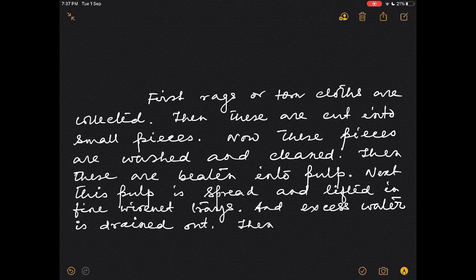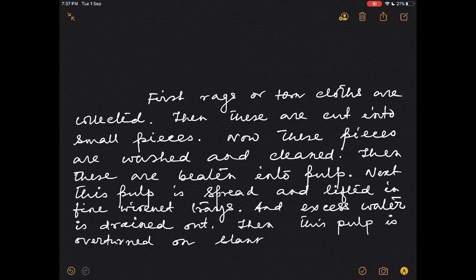Then this pulp is overturned on blanket pieces.